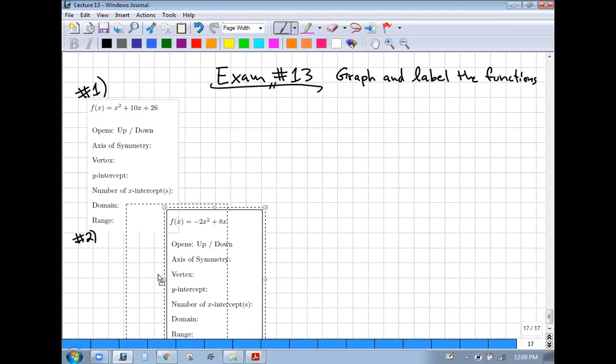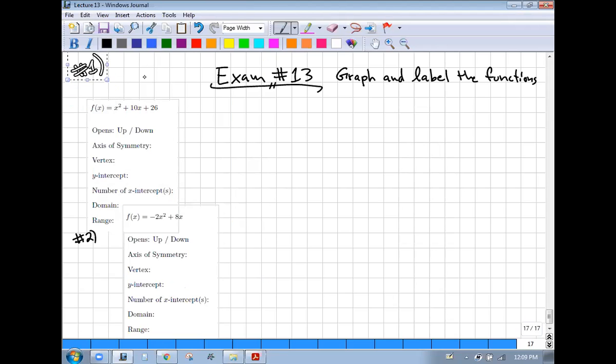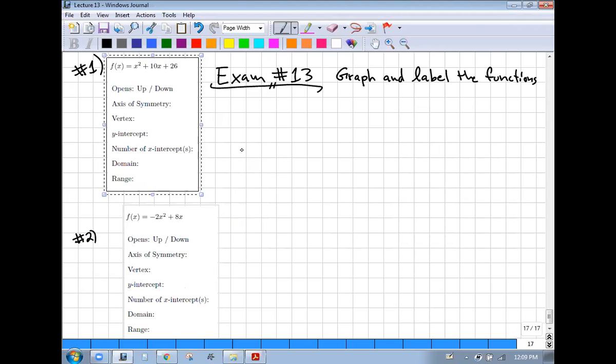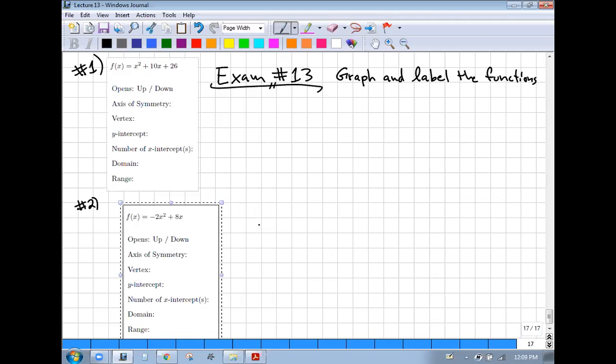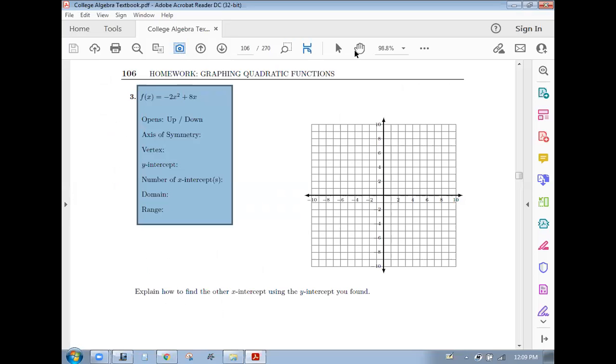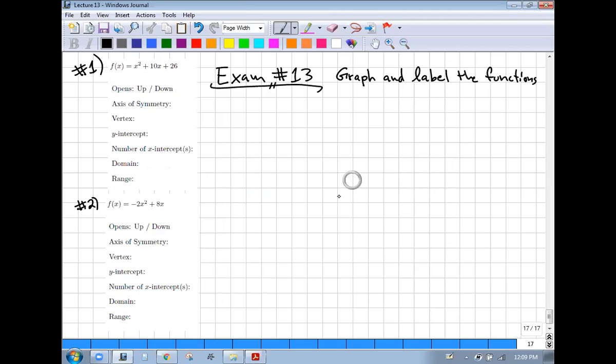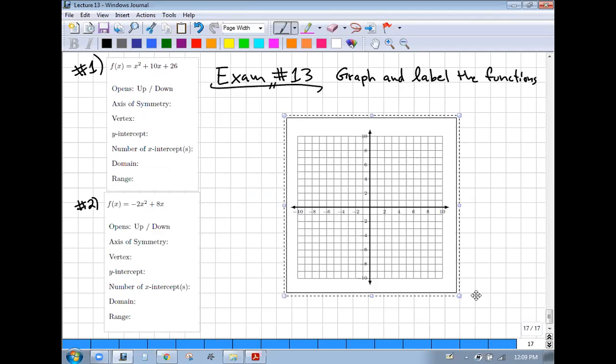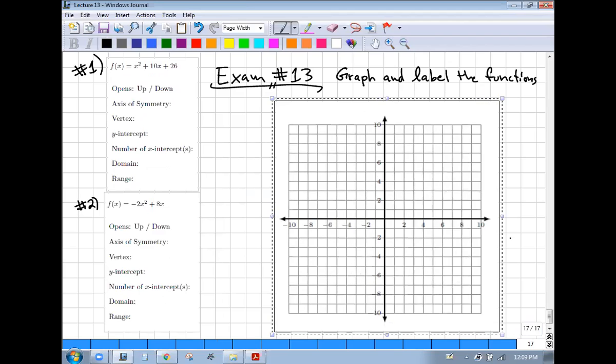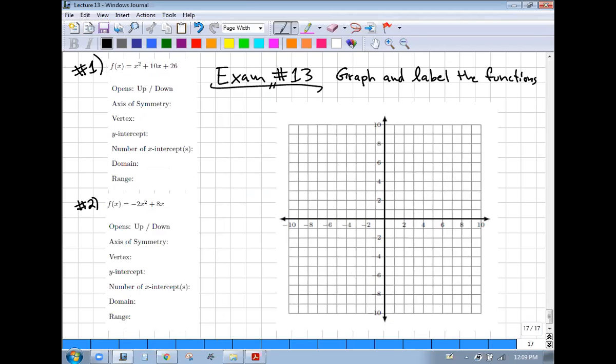Both over here. Graph them both on here if you want to, in different colors. But anyhow, do what we just did, 10 times in a row. Fill in these for each of these functions and graph them. That's your exam for today, folks.